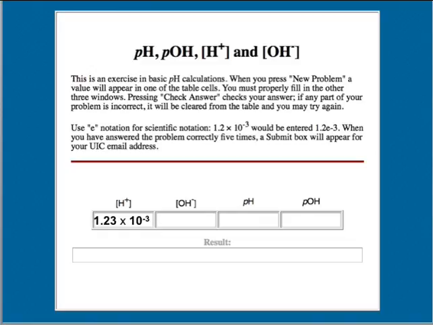So the pH would be. First thing let's calculate is hydroxide. OH, okay, how do we do hydroxide? Remember, hydronium times hydroxide is always 10 to the minus 14. We're going to take 10 to the minus 14 and divide it by this stuff.